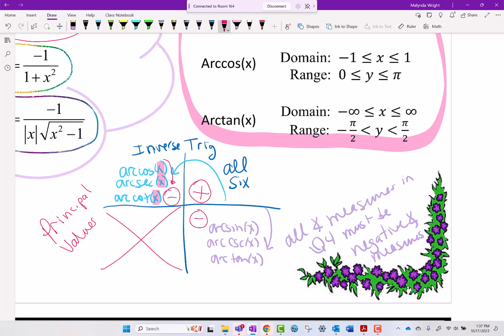If those x values are negative, the angle measure is from the second quadrant. But the angle measure is positive. Okay, the angle measure is positive. And we're going to do some examples of that just to remind you. Okay, any other questions?